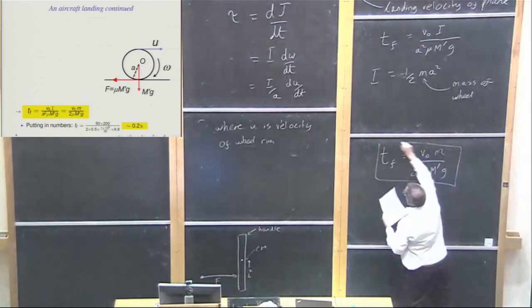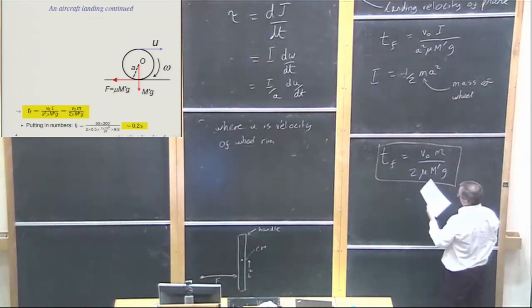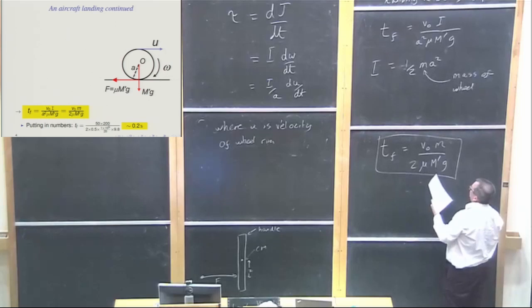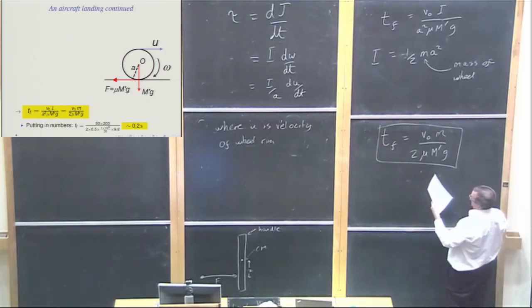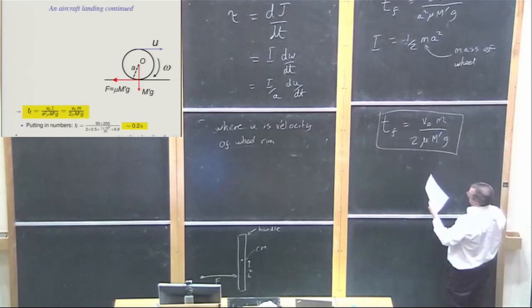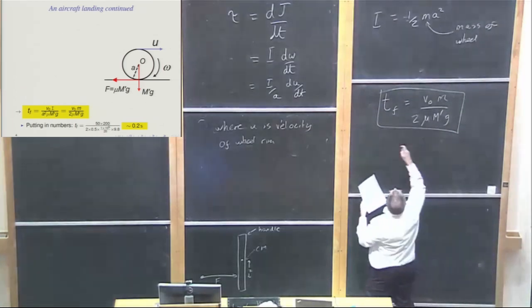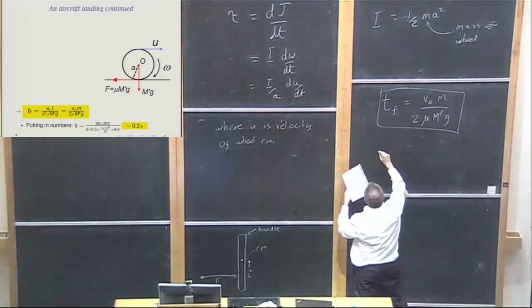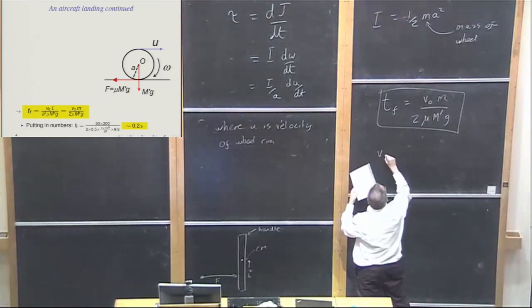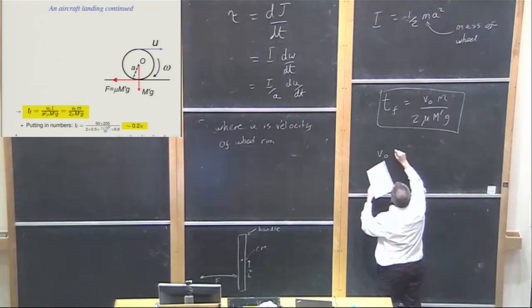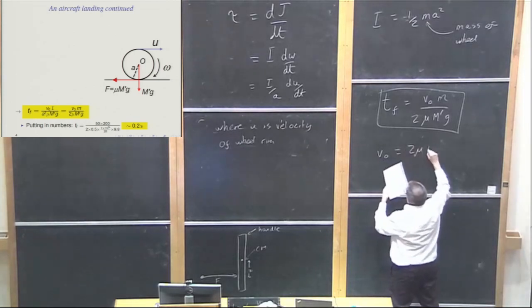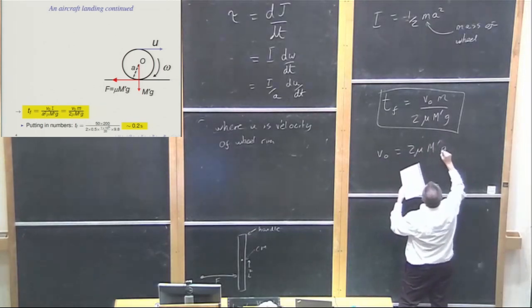Okay, let me give this a number. Let me also write down, which is the previous step, what the velocity v0 is before I invert this. So this is absolutely trivial, but it's just because we will use this expression a bit later.